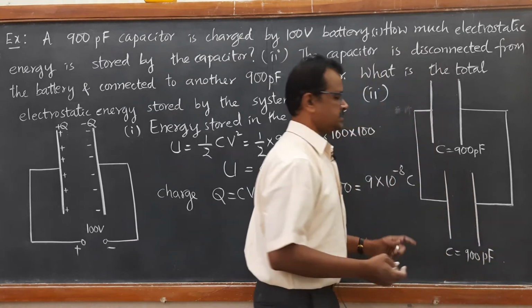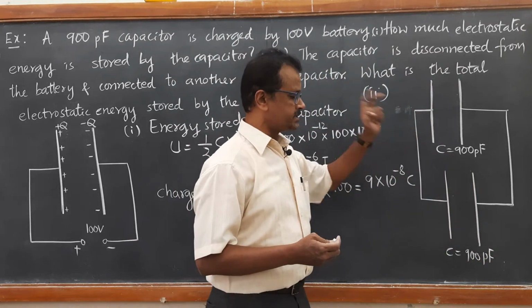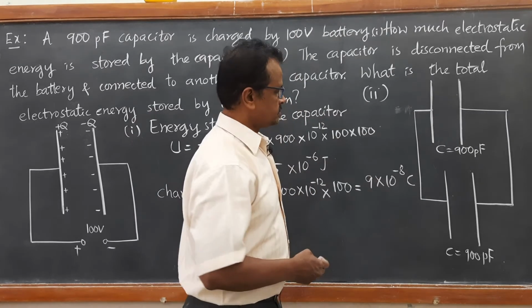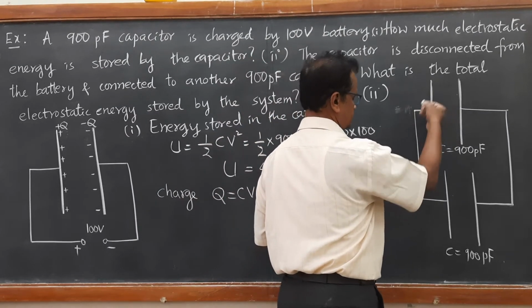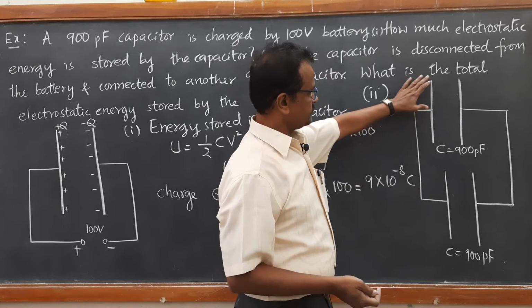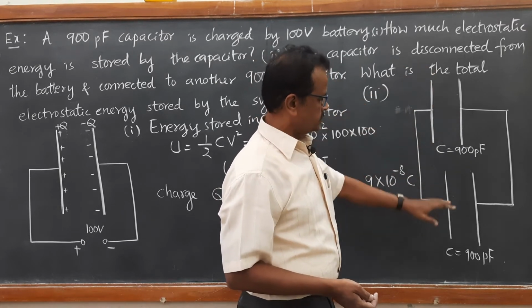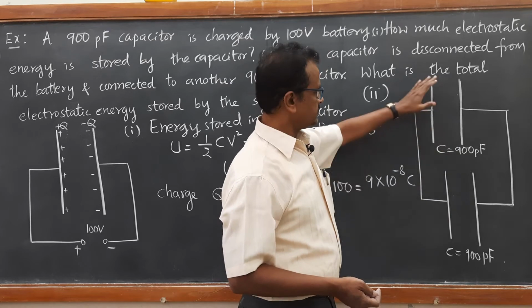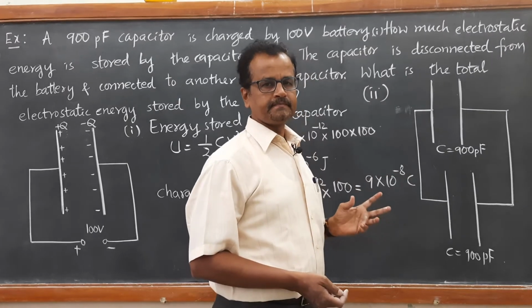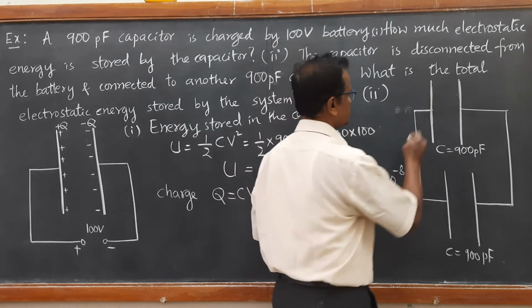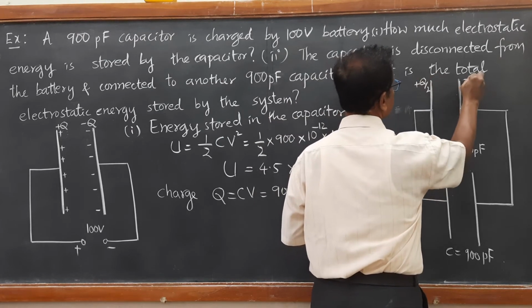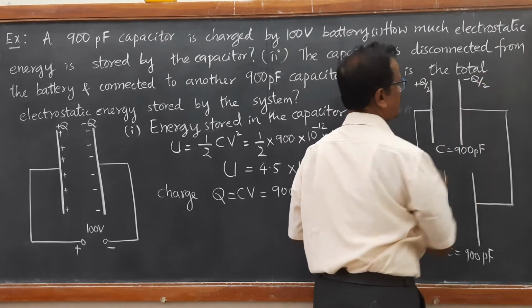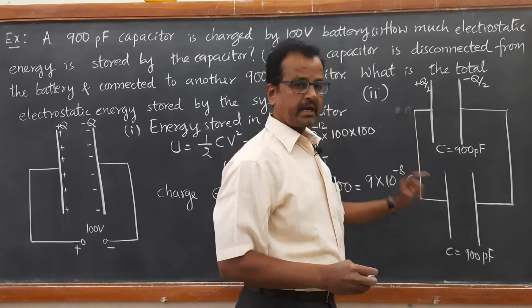Now, the question is, finally, what is the total energy stored in the system? To calculate that, first look at this. When the charges start flowing from full charge Q to the 0 charge, then by conservation of charge, the charge on both the capacitors will be halved, because they are of the same capacitance.